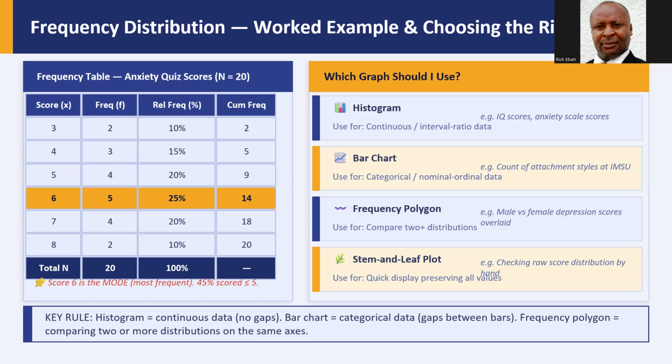In psychology, we have 4 main types of graphs, although there is a fifth one, which we will also discuss in class. The histogram, the bar chart, the frequency polygon, and the stem leaf plot. We also have the pie chart, which we will also use.